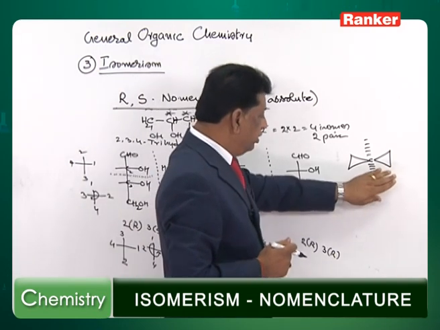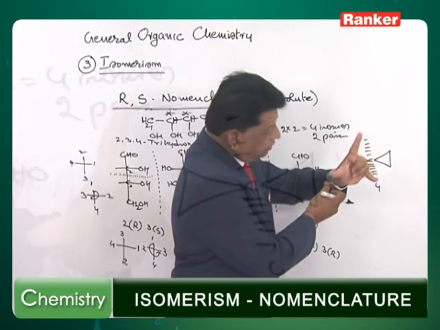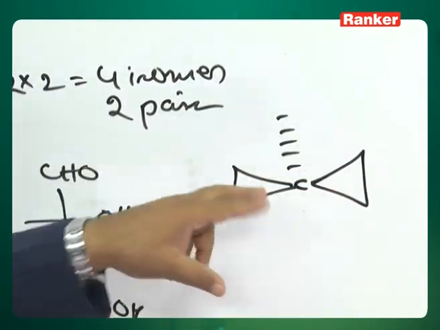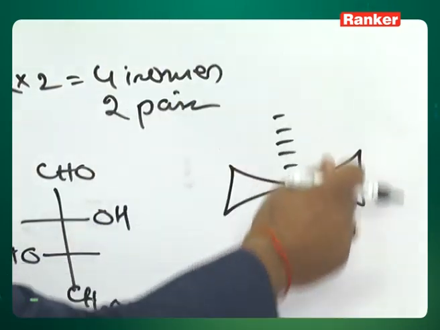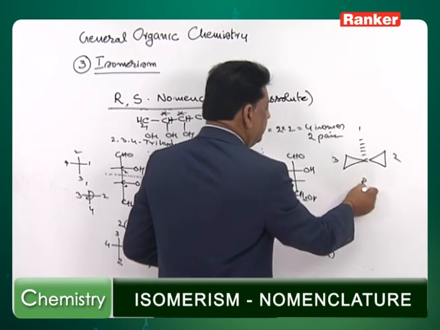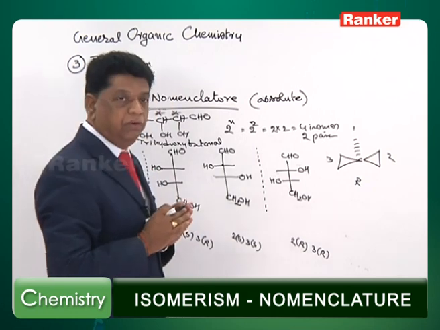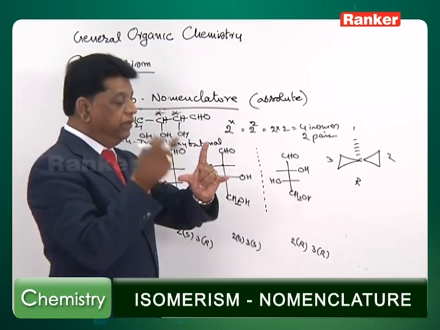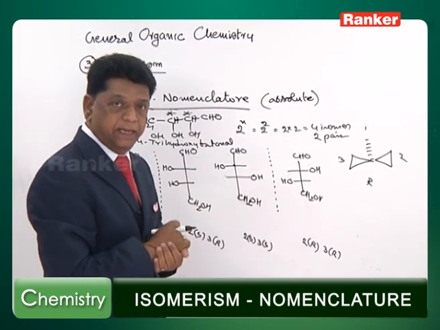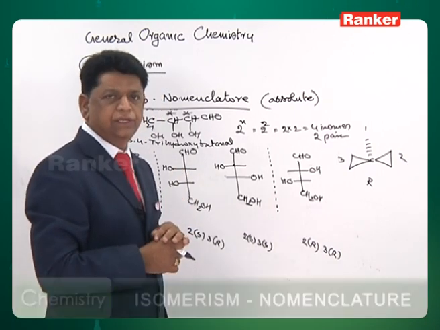The fourth is twisted or made to disappear so that only three are visible and the fourth is backside. Read 1, 2, 3. If it is clockwise, say it is R. If it is anti-clockwise, say it is S. So reading from the rear side of the least preferable group, you call it R or S. Like this, for any compound, you need not go to the Fisher model and so on.